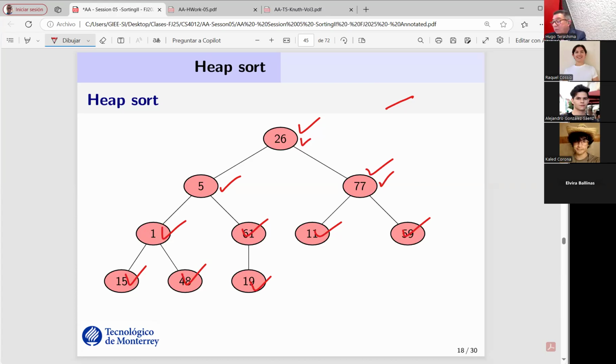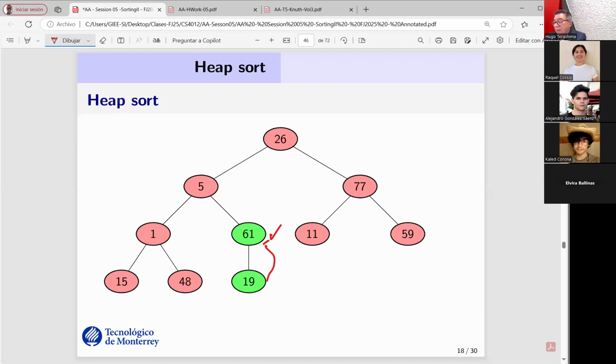So what we are going to do is to construct the heap. We are going to start this way. We compare these two, and the larger node is going to stay on top, at the higher level, right?